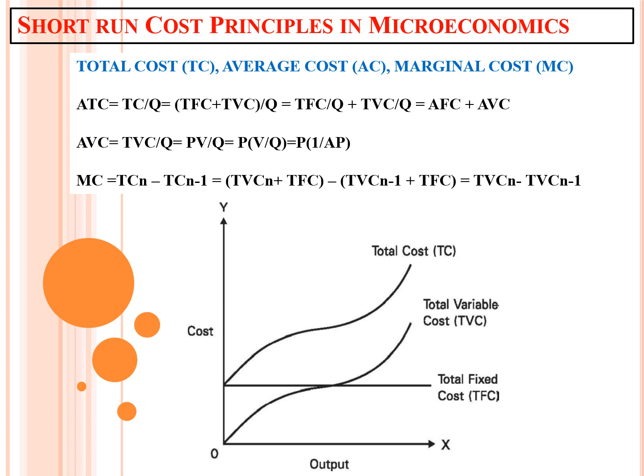Whether you produce something or nothing, you have to incur some amount of cost in buying the fixed factors of production for your organization. So total fixed cost is always parallel to the x-axis. When you are not producing anything, then your total variable cost is 0.